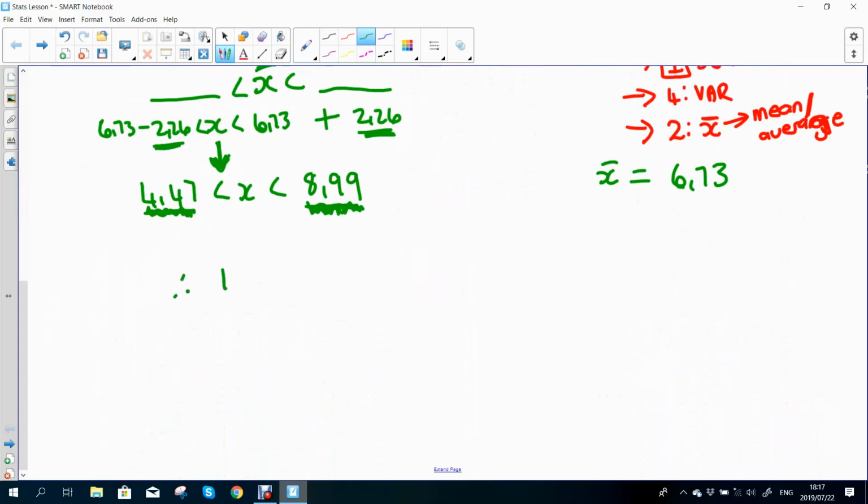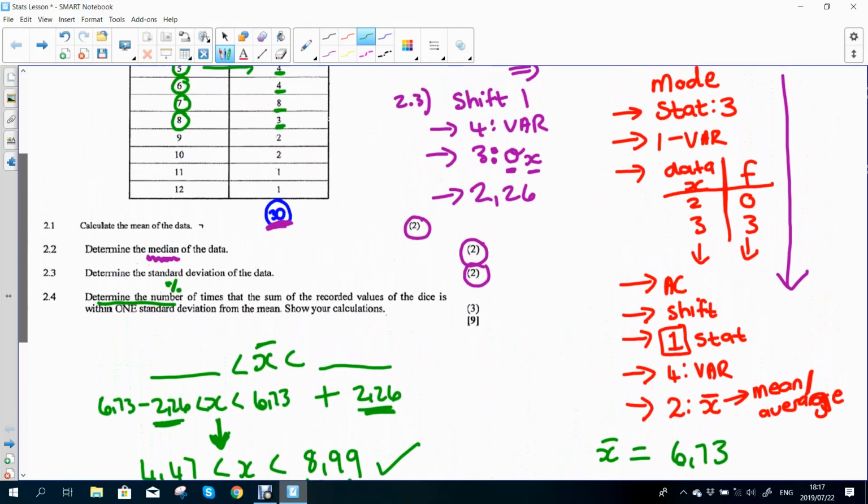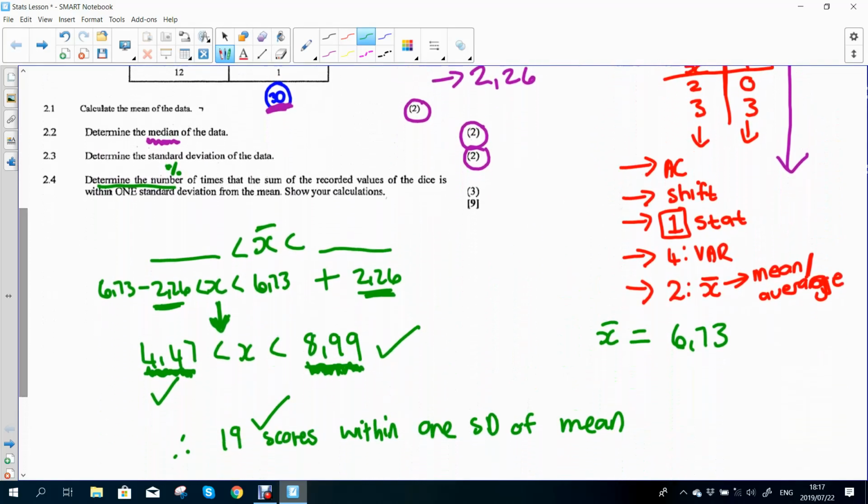Thus, I have 19 scores within 1 standard deviation of the mean. So you will get a mark for 4,47, a mark for 8,99, and a mark if you got the amount of scores correct.